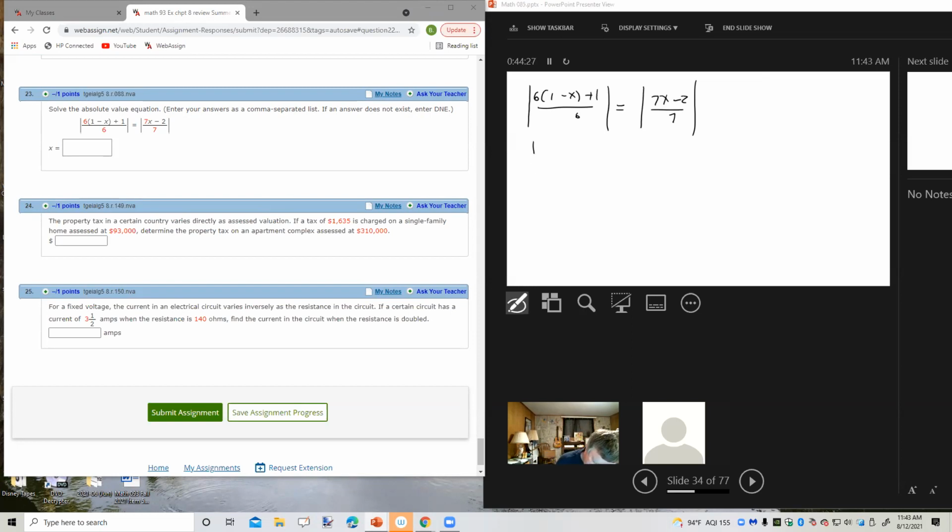All right, so what do I have over here? I've got 6 minus 6x plus 1 all over 6, which is actually negative 6x plus 7 all over 6. Combining like terms. Okay, so I can do that much simplification before I do anything else.